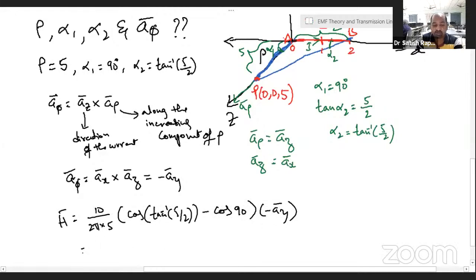So simplify this and you will get minus 59.1 ay bar milliampere per meter, right? Milliampere per meter. So this is how we can do the problem, right?